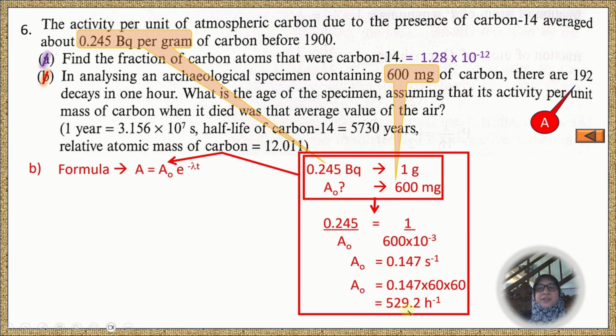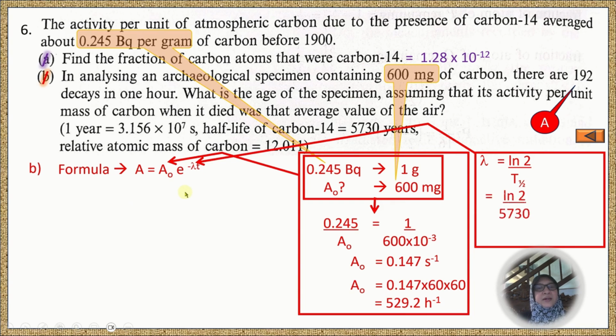So we get 529.2 per hour. Next is lambda, the decay constant. We also calculate ln 2 over half-life, so we get 1.2097 times 10 to the power of negative 4 per year.